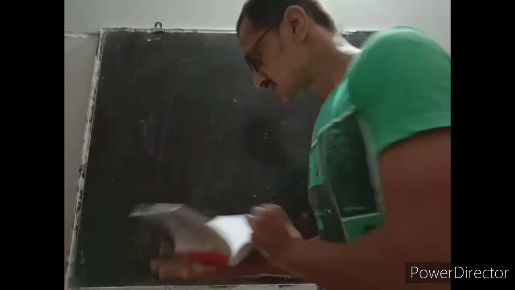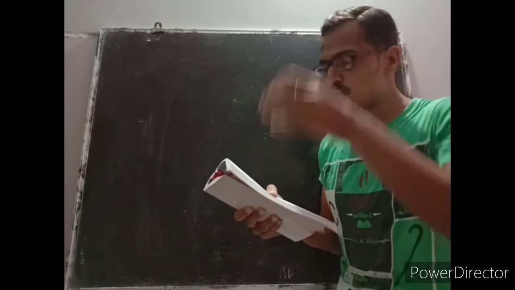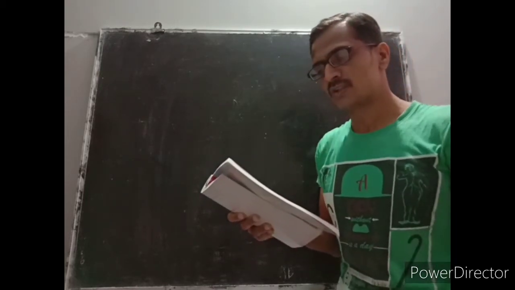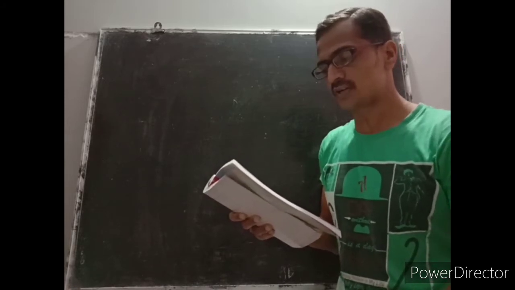Now in the textbook, see, you have to remember the statement of all the theorems. Theorem 6.8 is: if a side of a triangle is produced, then the exterior angle so formed is equal to the sum of the two interior opposite angles.